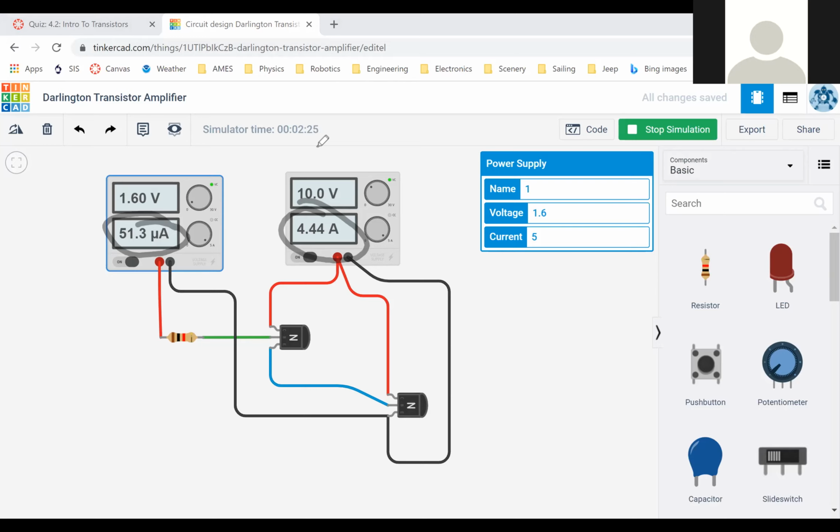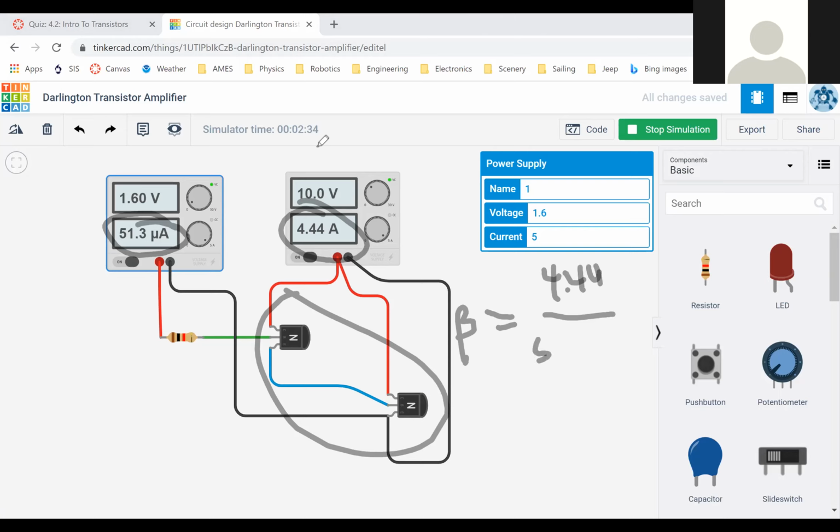So the beta value for this Darlington pair, the two of them together, is 4.44 divided by 51.3 times 10 to the negative 6, because this is micro, which is 10 to the negative 6. Okay, let's put that in our calculator and see what happens. So 4.44 divided by 51.3 times 10 to the negative 6.